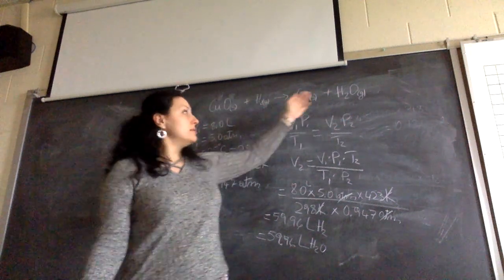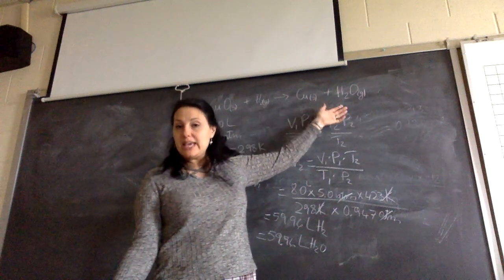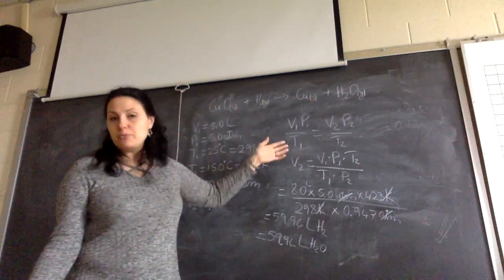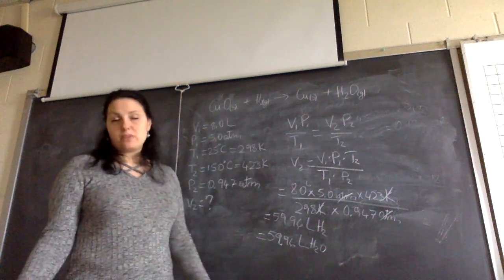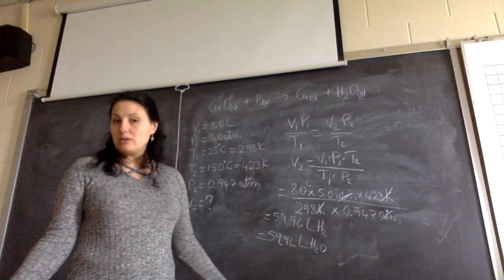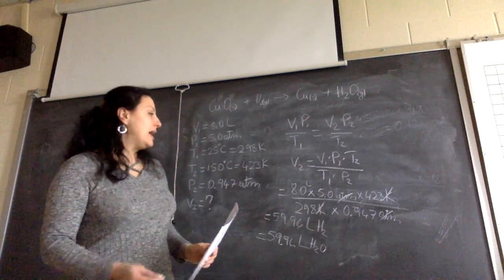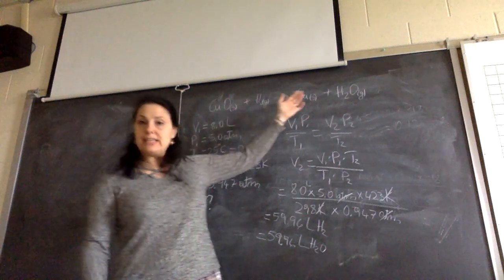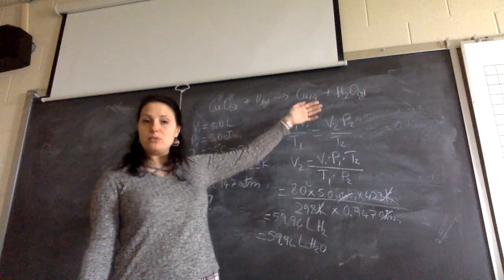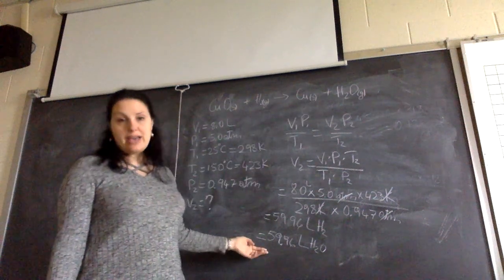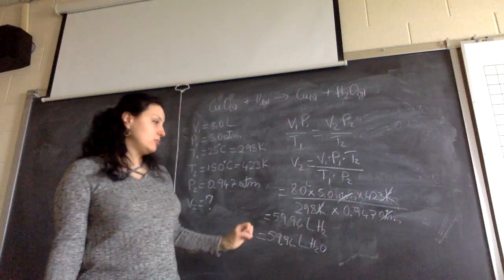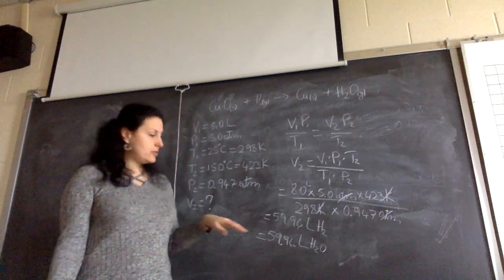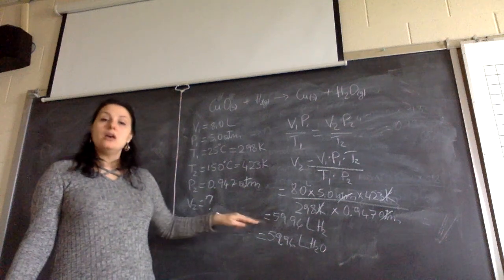Then I would double the number of moles, then plug it back into PV equals nRT to find the volume for the water vapor. But in this case, because it's a 1-to-1 molar ratio, they will also have the same volume. You can convince yourself, so go ahead and do this.